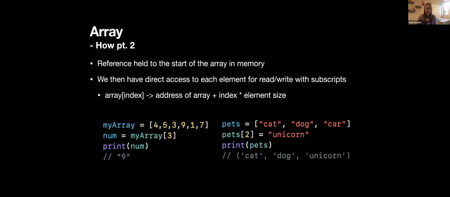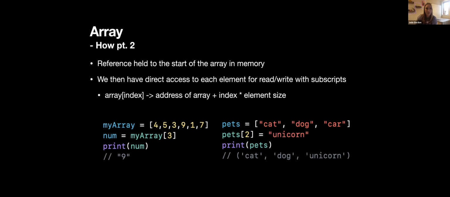And then there's just a couple of brief examples. Unfortunately I can't, oh maybe I can annotate, yeah. So we can see here in the example on the left, we've got my array 4 5 3 9 1 7. So number equals my array 3. This is just to access the value at that element.